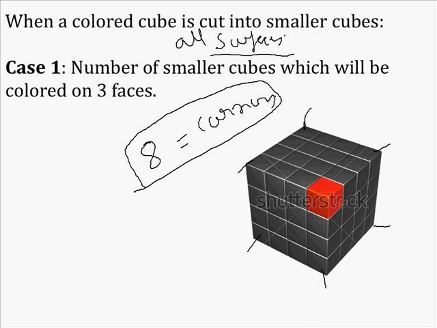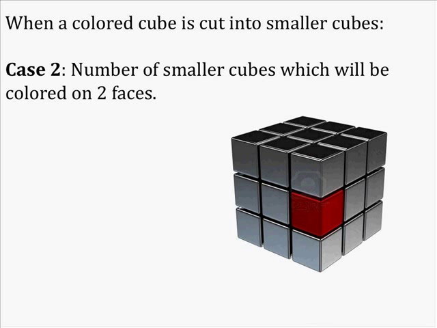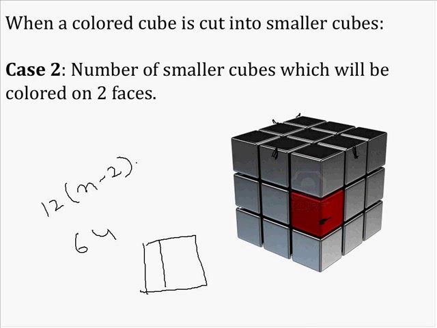Okay. Next we come to when a colored cube is cut into smaller cubes, the number of smaller cubes which will be colored on 2 faces is like this. It will be like this. This will be like this. And the total number is 12 into n minus 2. Supposedly, the cube is cut into 64. The front face will come like this. So how do we go about it?